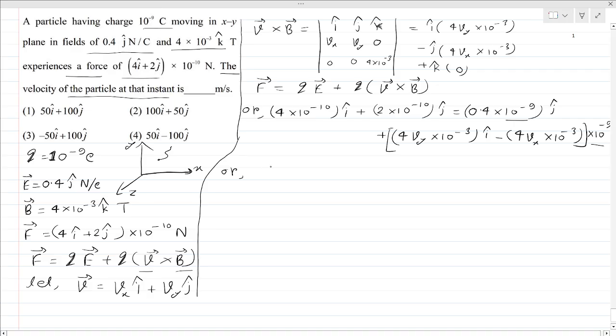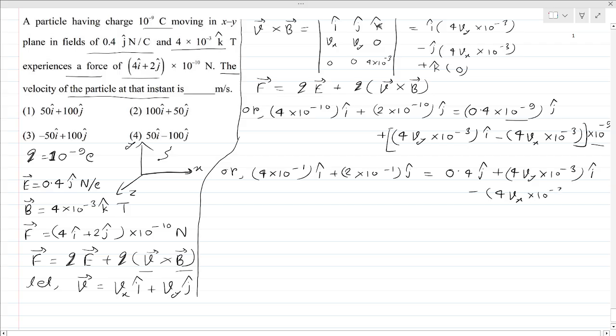So if we divide 10 to the power minus 9 from both sides, then we can write 4 into 10 to the power minus 1 into I cap plus 2 into 10 to the power minus 1 into j cap equals 0.4 only j cap, plus 4 Vy into 10 to the power minus 3 I cap minus 4 Vx into 10 to the power minus 3.